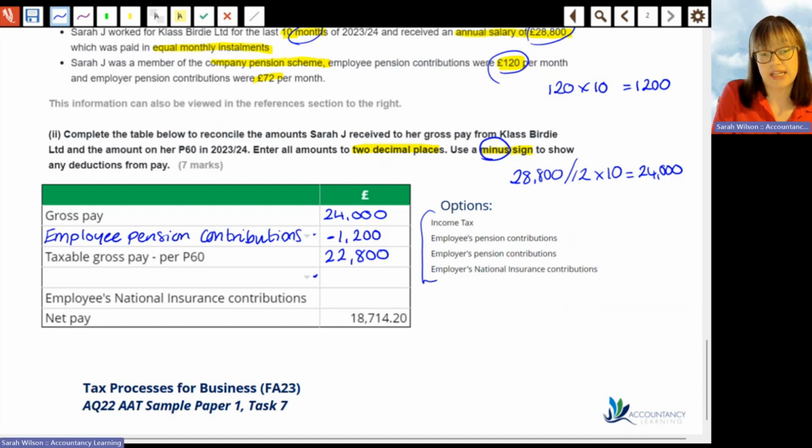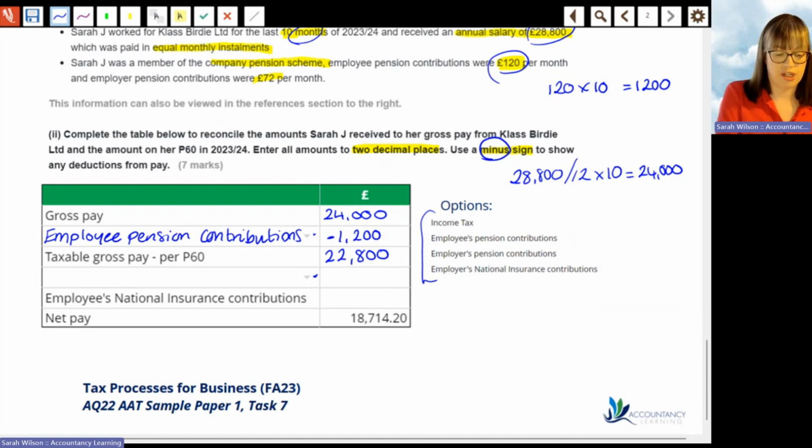So next, we need to consider what now comes off in order to get her net pay. The net pay is actually what Sarah's going to receive into her bank. So what actually comes off now from our taxable gross pay are the deductions. We've already got employees' national insurance contributions written in for us.